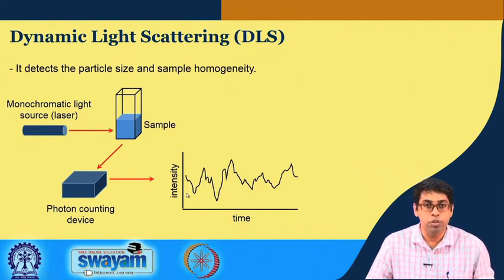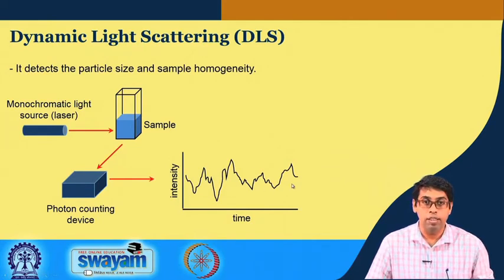I am not going to go into the details of the theory, but the very basic of this experiment is that for smaller particles the Brownian motions are much faster. So, the result is faster fluctuations, and if the particle size is big, the Brownian motion becomes slower, and then this fluctuation also becomes slower.